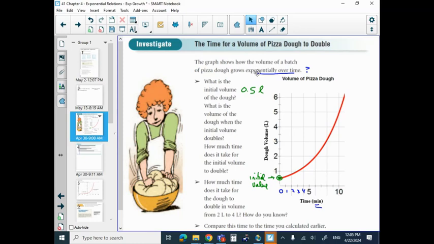And then it says, what is the volume of the dough when the initial volume doubles? A weird way of asking the question, but basically, I might ask this one more so as, how much time does it take for it to double? But they're just getting you to recognize where the doubling spot is, which is at 1 liter. That'd be the volume doubled.